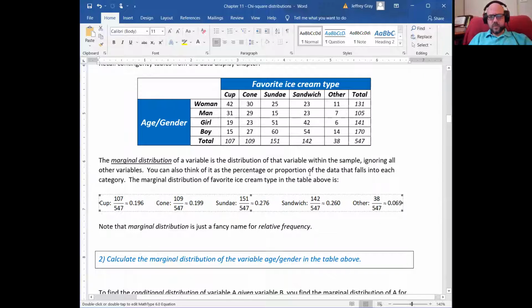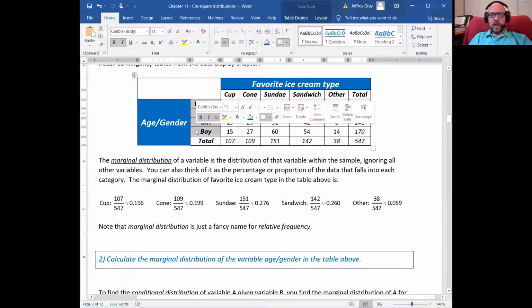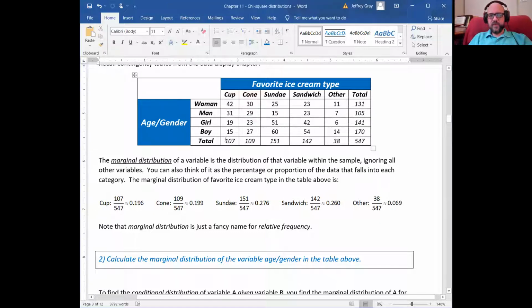So what we're going to do is say, okay, if it is true that women, men, girls, and boys all have approximately the same population marginal distribution of favorite ice cream type, then this here is the best estimate we can get of that from our sample, right?